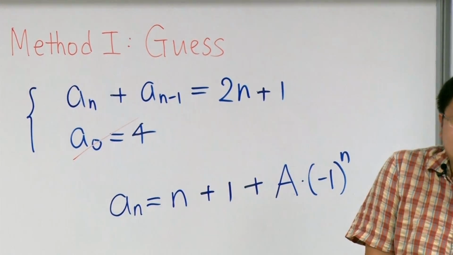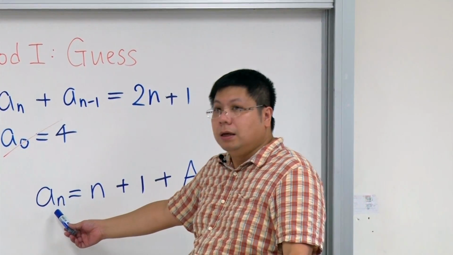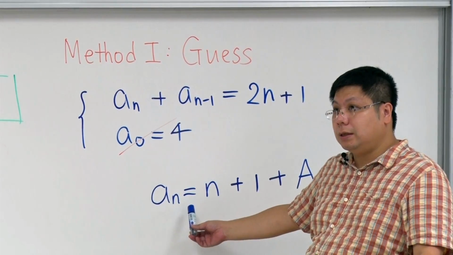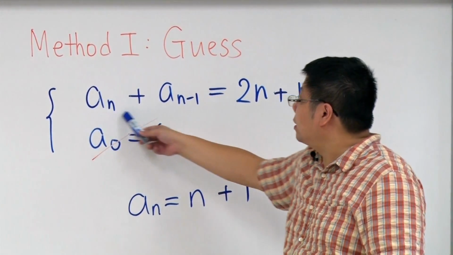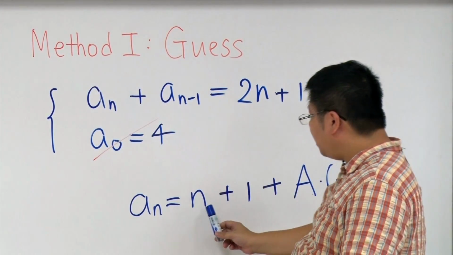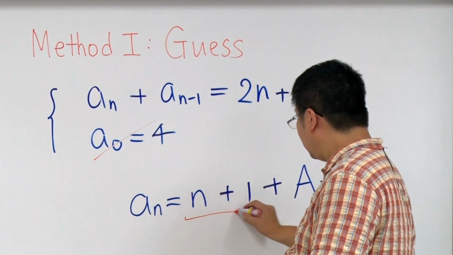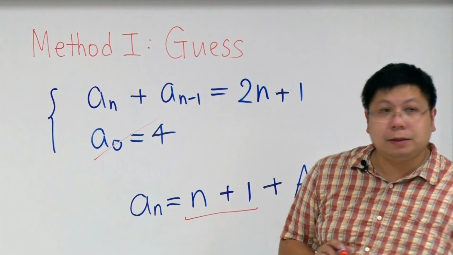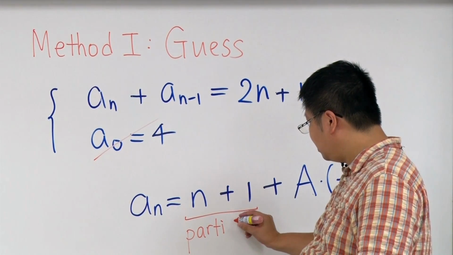So what should we do? We call this the general solution for this whole thing. The n plus 1 part, we usually call this a particular solution.